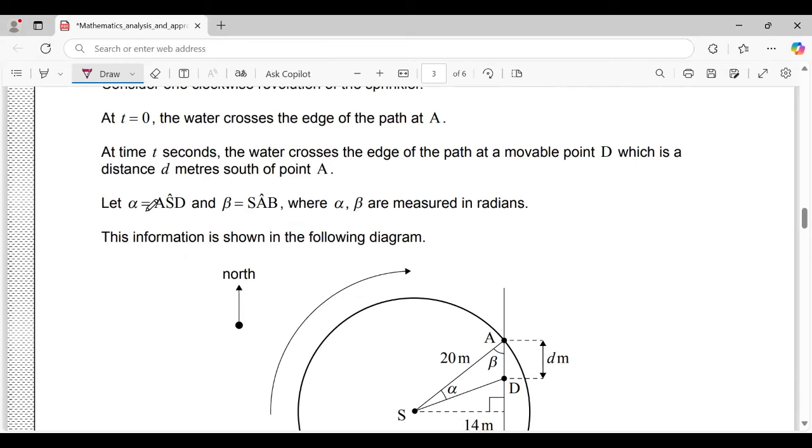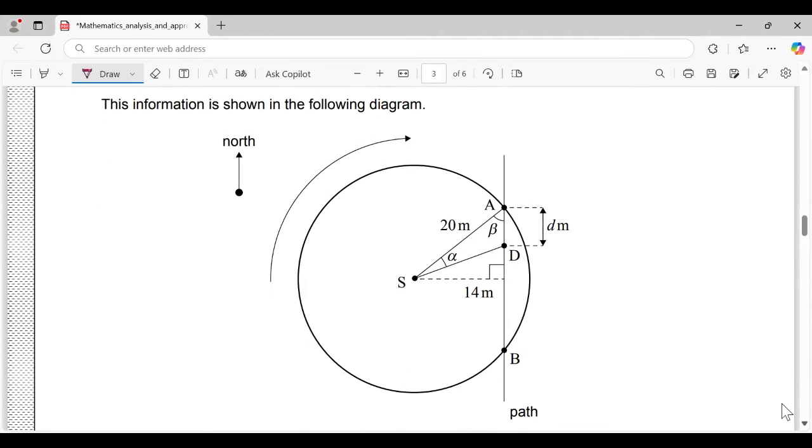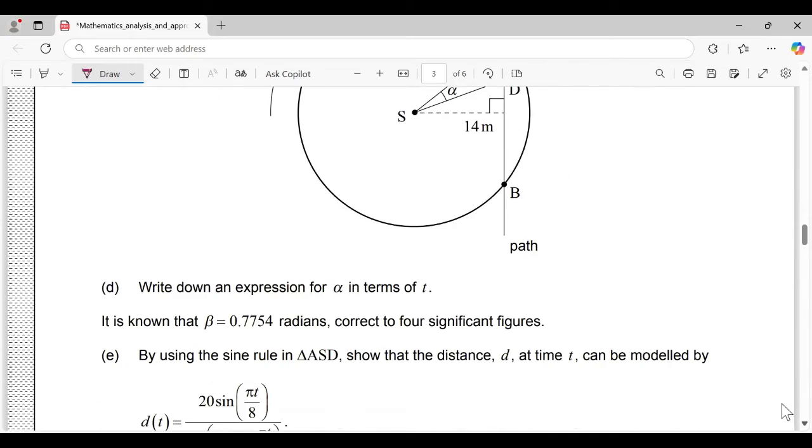Let alpha equal angle ASD, and beta equal angle SAB, where alpha and beta are measured in radians. This information is shown in the following diagram. This diagram, I think, is clear.